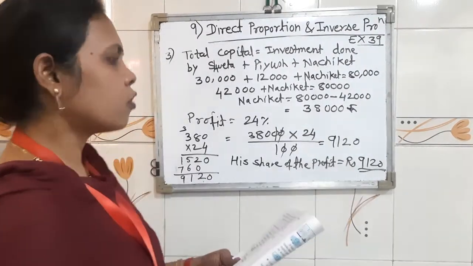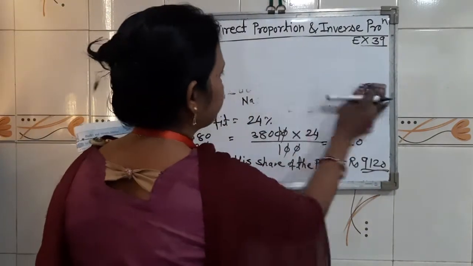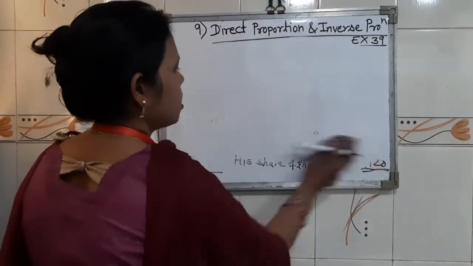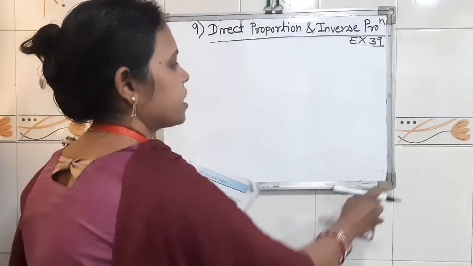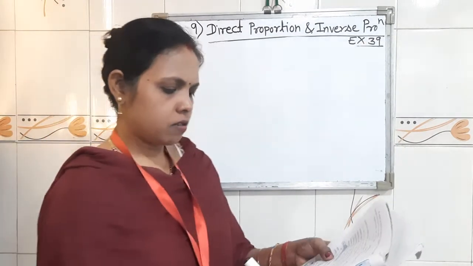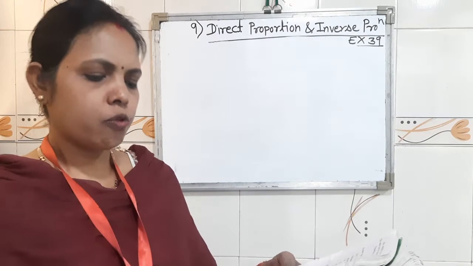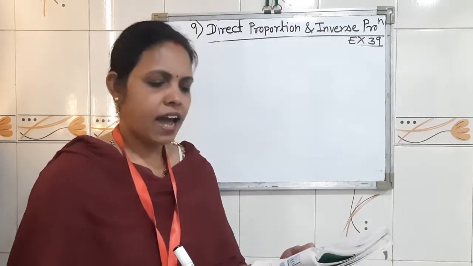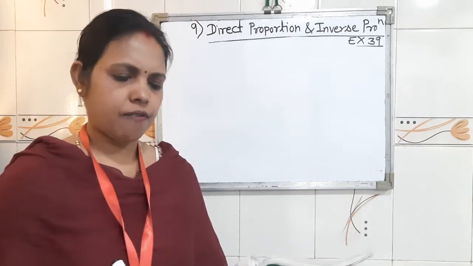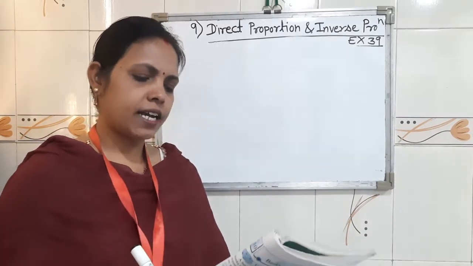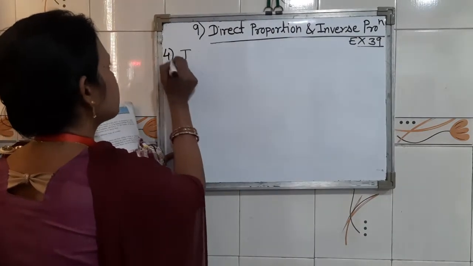Now question number fourth. Fourth one, A and B, two partners are there. They both have done investment and from that they got profit of 24,500 rupees in the proportion of 3:7. So children, we will write investment, total capital, question number 4.